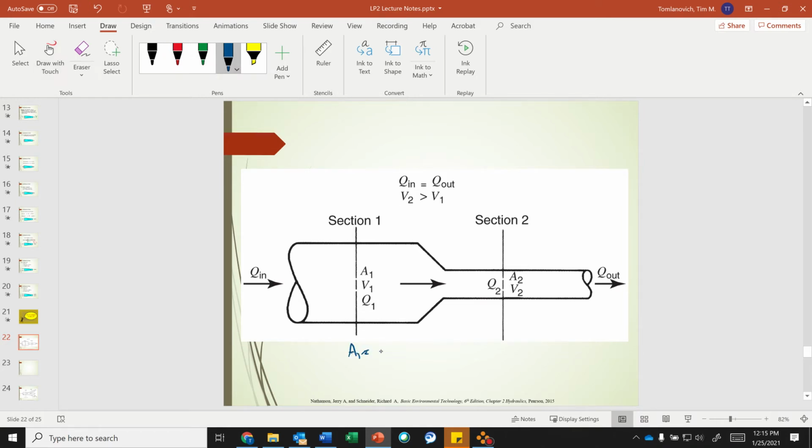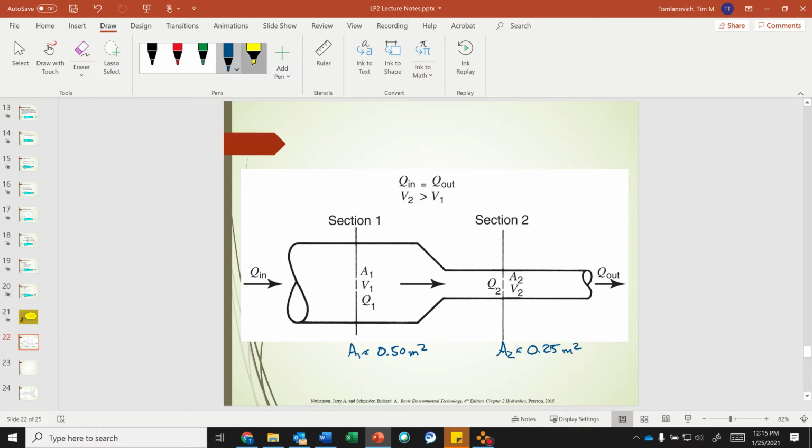Area 1 equals 0.50 square meters, and the area of section 2, area 2, equals 0.25 square meters.